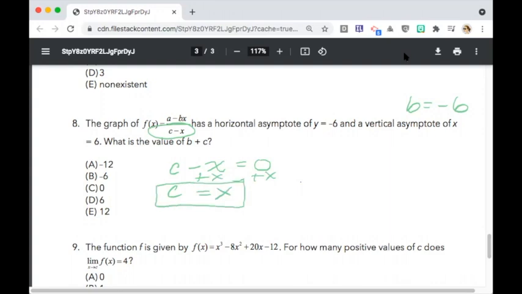So in order to find out b plus c, I know what b is, I don't know what c is, but they tell us the vertical asymptote of x is going to be 6. So that means that we can substitute that x in, and we just found out that c is going to be 6.